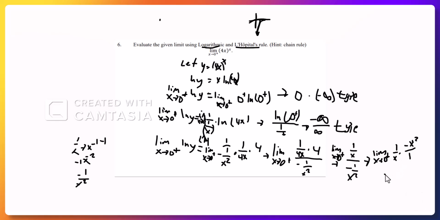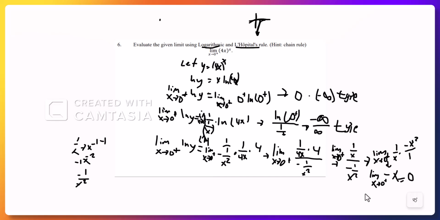This is going to be negative x as x approaches 0 from the right side, as you can see from the copy dot flip. And when you plug in the 0, it's just going to equal 0.